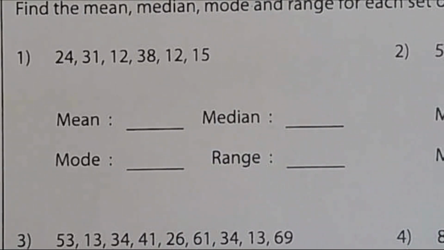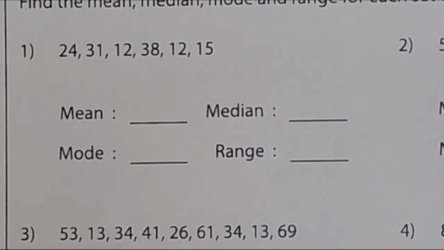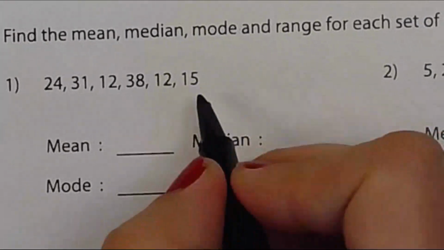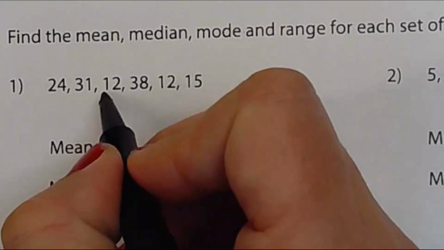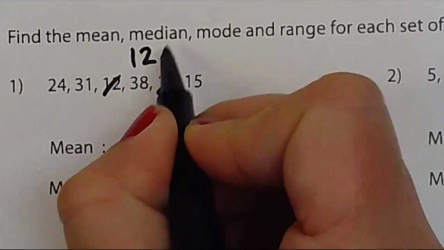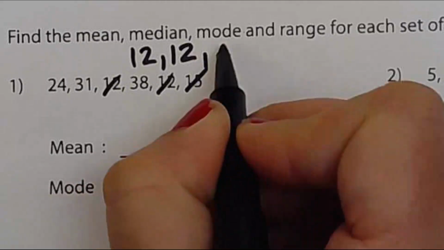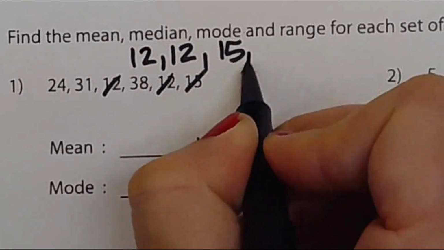And you'll make that simple mistake like we did on our bell work yesterday for some of us. You remember how some of us said our median was 18? It was because we forgot to put it from least to greatest, okay? So just go ahead and do it. Yes, it's an extra step. It's not going to take you too much of your time. It benefits in the end, okay?